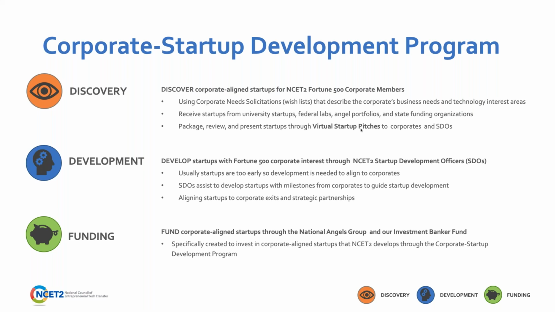The discovery process is the first stage of the program, where, working side by side with our corporate members, we solicit from them their corporate needs, basically wish lists to describe what their business needs are or what their technology needs are.